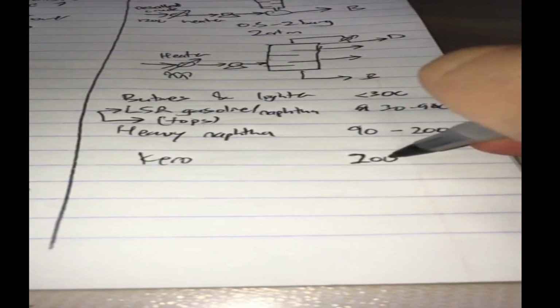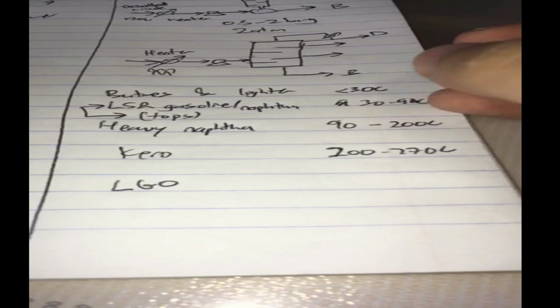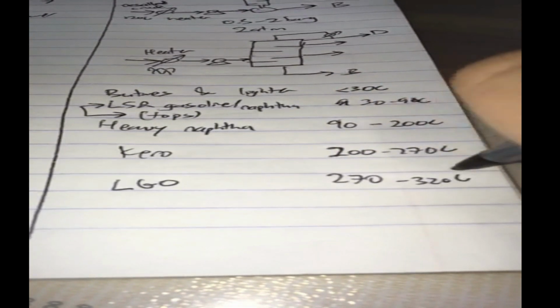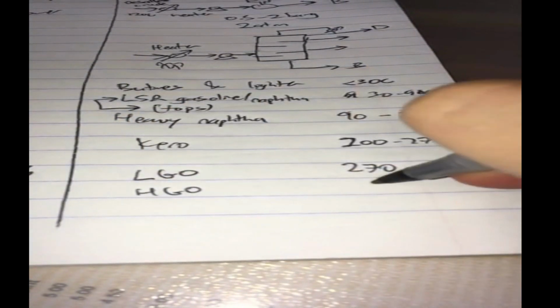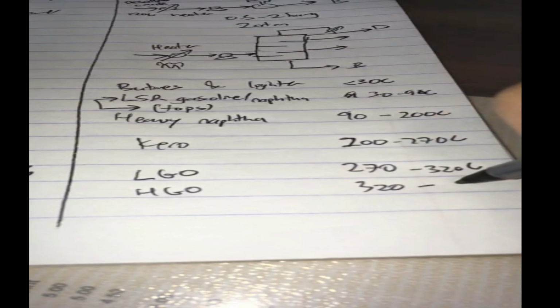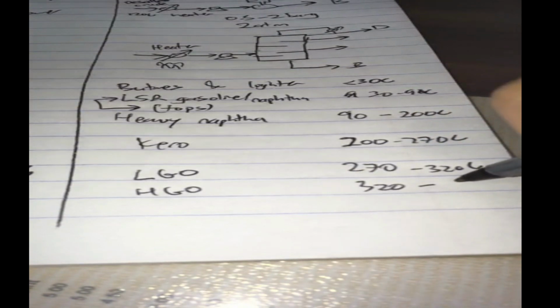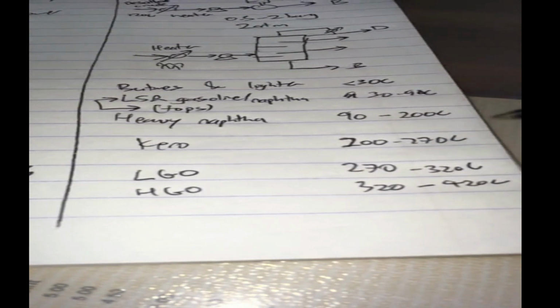Next cut, you have kerosene, 200 to 270 Cs. And you have light gas oil. Here it is 270 to 320 Cs. Heavy gas oil, 320 to 420 Cs, roughly.